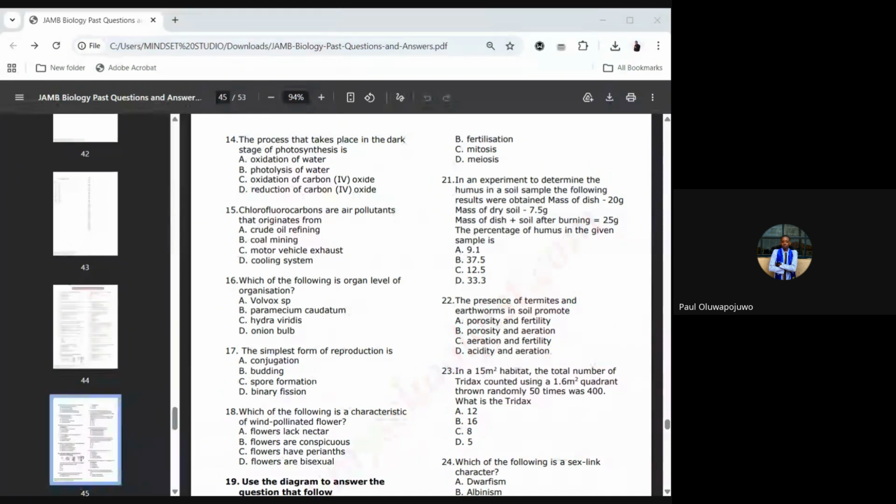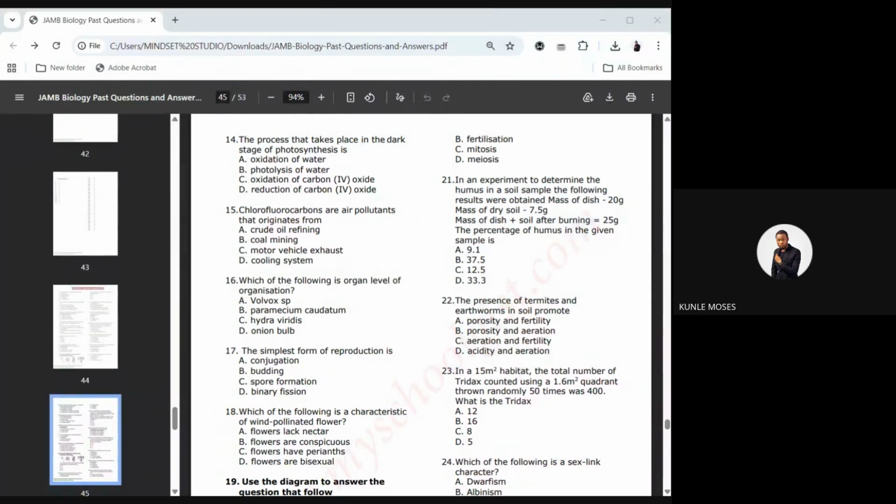So, photolysis of water. The process that takes place in the dark stage of photosynthesis. What is the process? Oxidation of water. Sorry, photolysis of water. Wait, I think it's reduction of carbon dioxide.